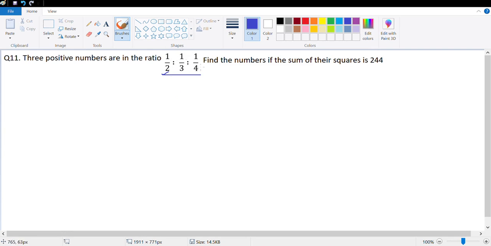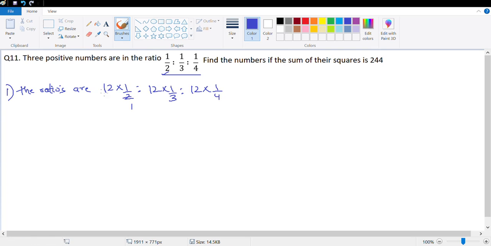So if you need to convert these fractions into whole numbers, you will need to multiply each of them by the LCM. So the LCM of 2, 3 and 4, that will be 12, right? So let's just write the ratio: 12 into 1 by 2 is to 12 into 1 by 3 is to 12 into 1 by 4.